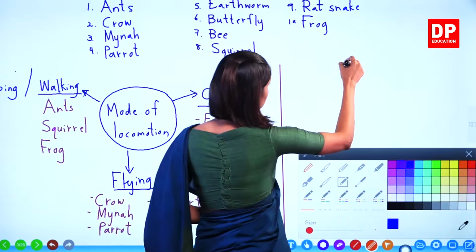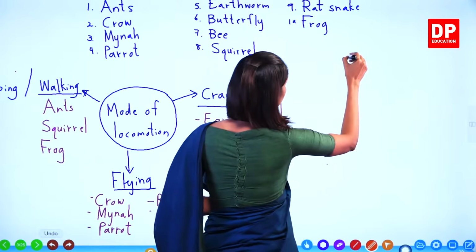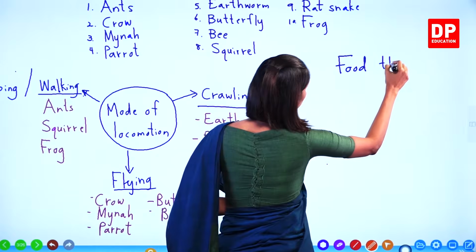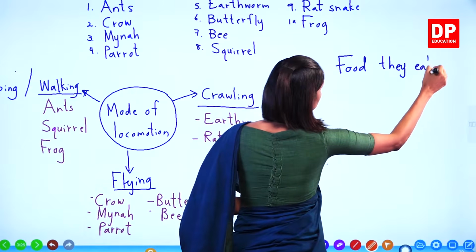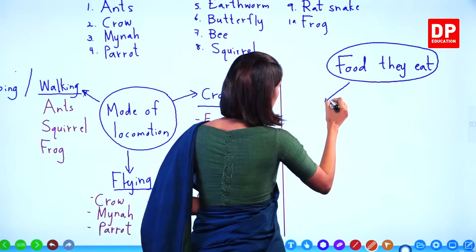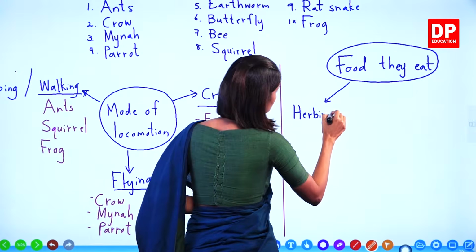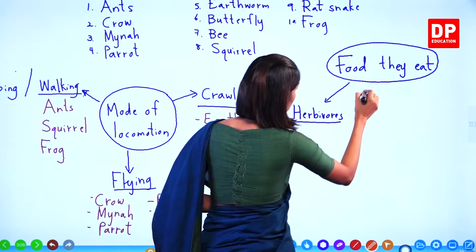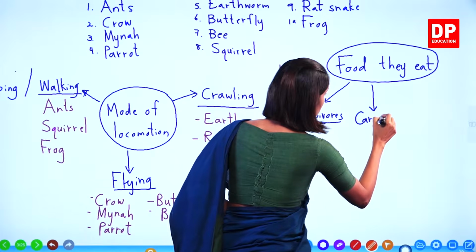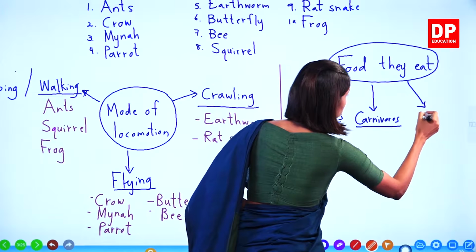So we will write the food they eat. So based on the food they eat, we can categorize them into herbivores, carnivores, and finally omnivores.